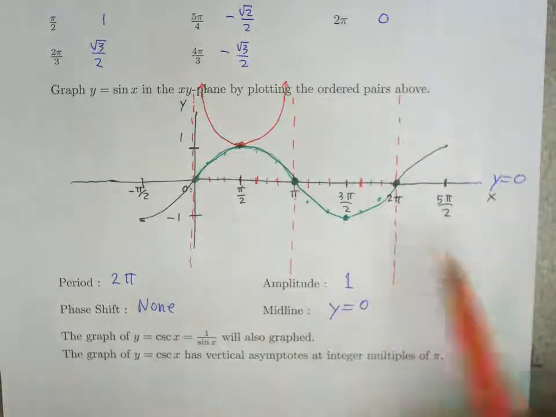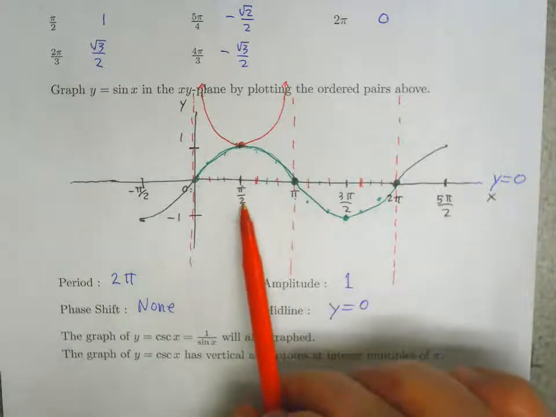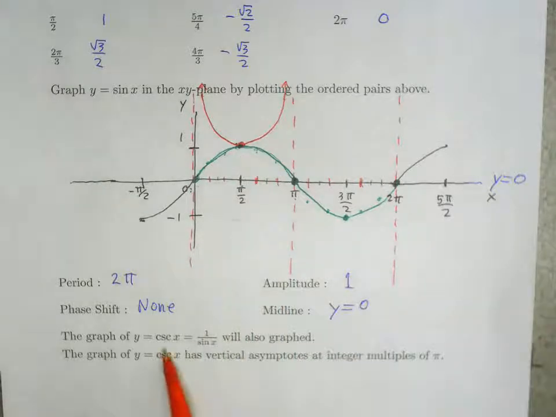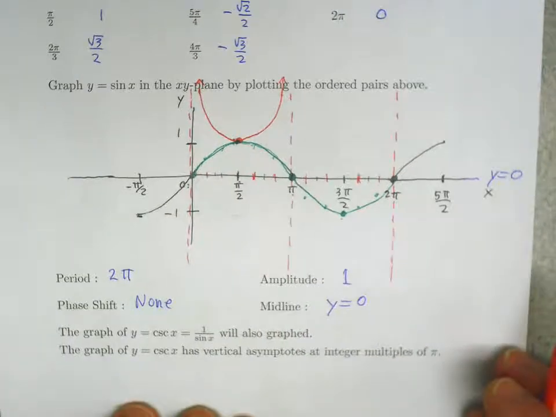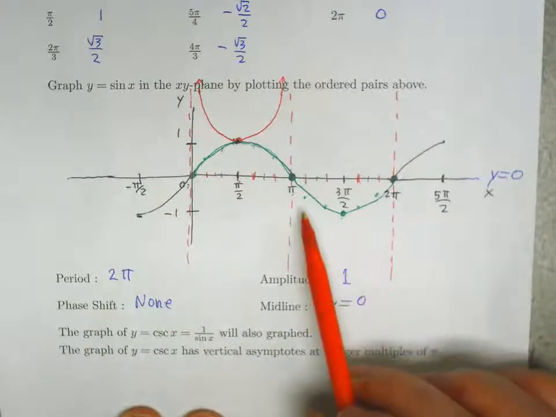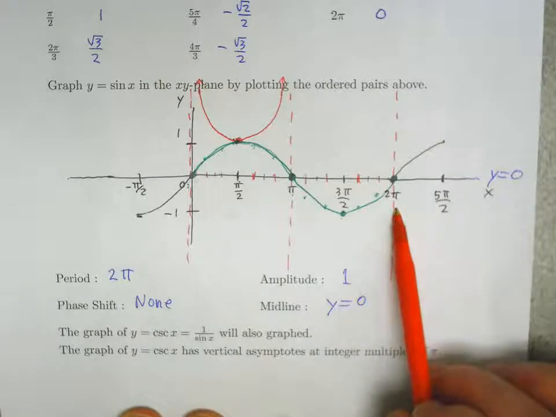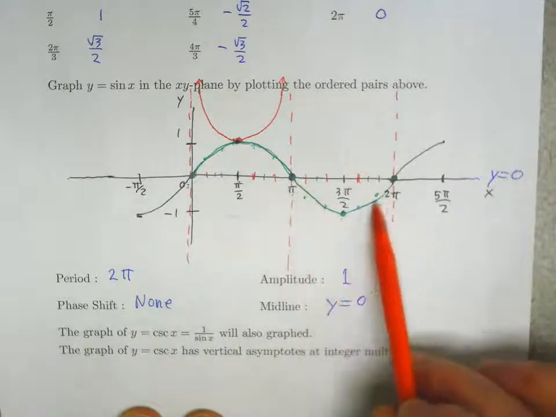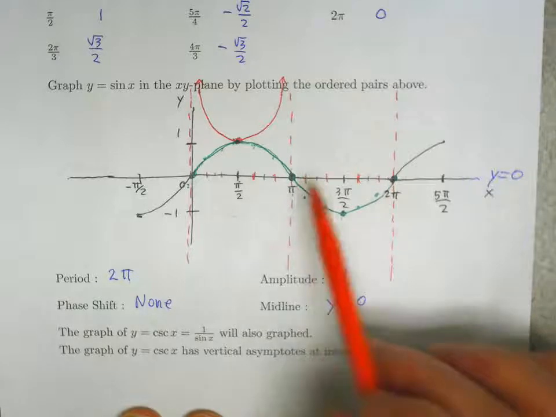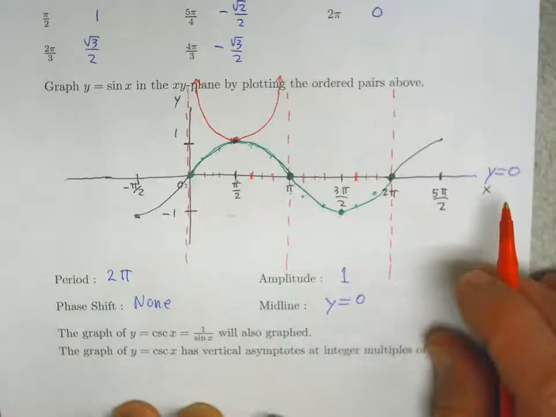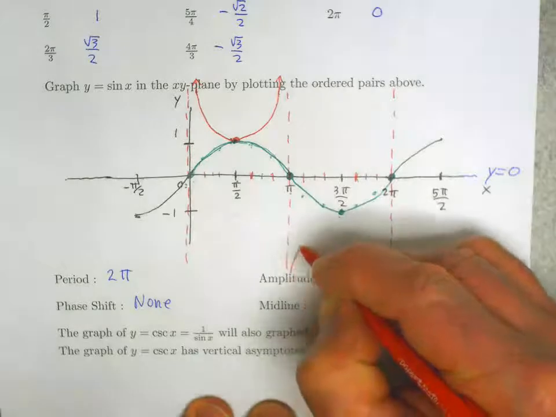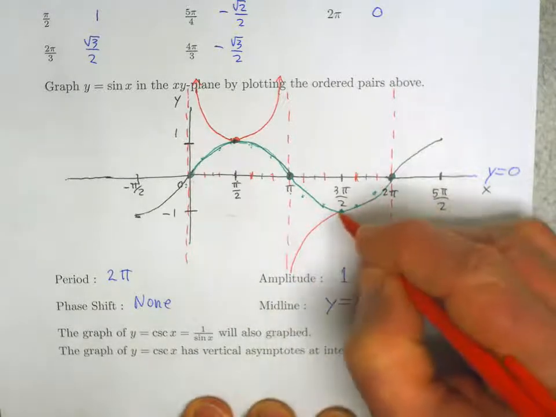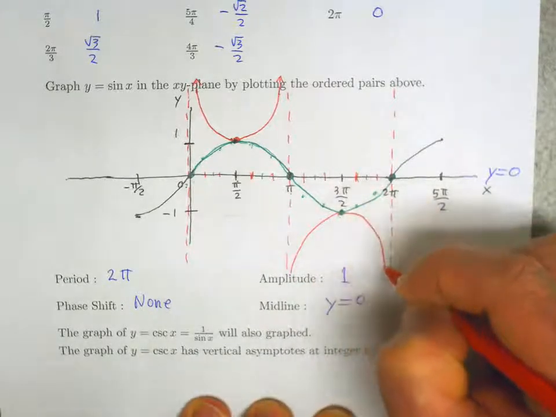And that makes sense because sine of pi over 2 is 1, and cosecant of pi over 2 is 1 over 1, or 1. On the next interval, from pi to 2 pi, the sine values are negative, and so the reciprocal will also be negative. So y equals cosecant of x on this interval will look something like this.